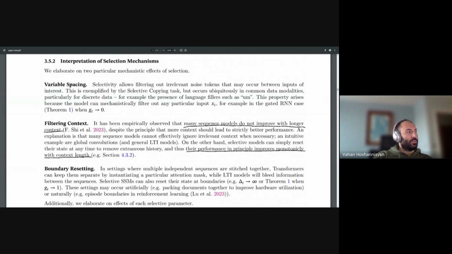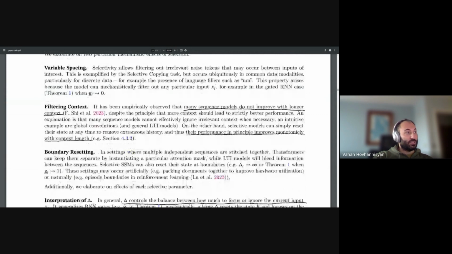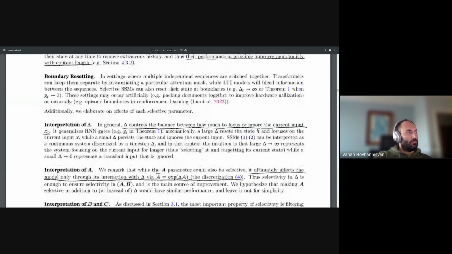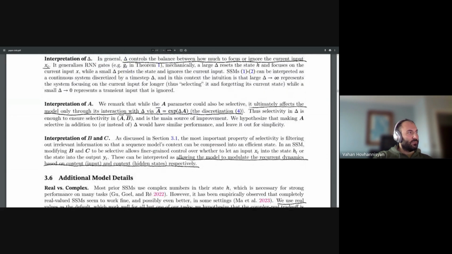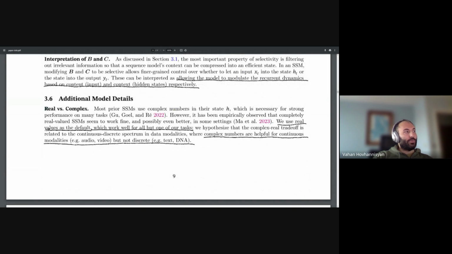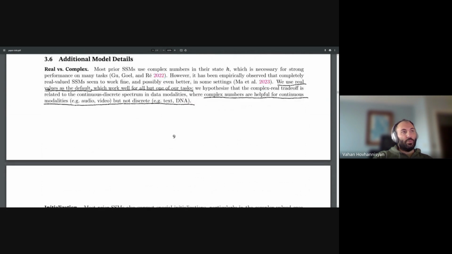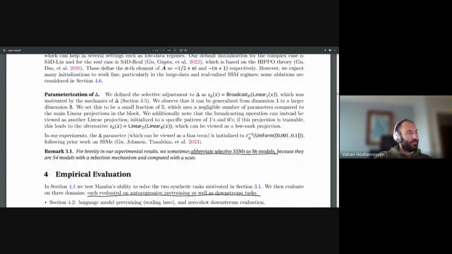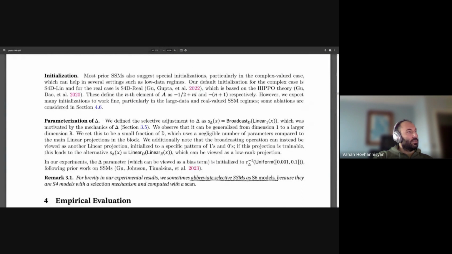We spoke about interpreting the selection mechanisms. I think this is fine. We spoke about this. Some more details: we spoke about real versus complex parameters, and I mentioned that complex numbers are helpful for continuous modalities like audio and video, but not for discrete ones like text and DNA. Okay. Initializations: they mention that they use this HiPPO theory to initialize.